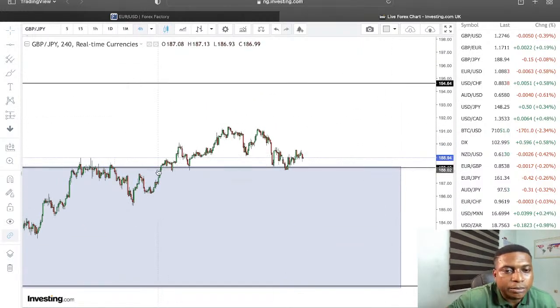So like I said, price broke out of this level, has moved up, and then we can see price coming down again to retest this level after much consolidation.